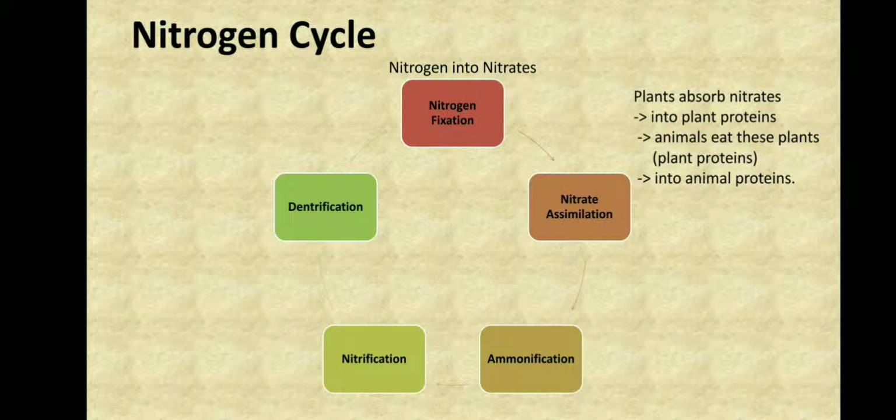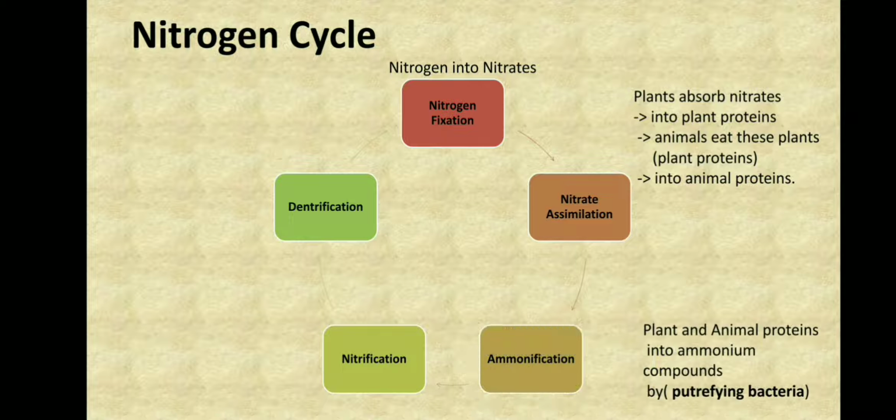So in nitrogen fixation, the nitrogen is converted into nitrates, and in the second step, the plants absorb these nitrates and convert them into plant protein. And when herbivorous animals eat these plants, they convert the plant protein into animal protein. So in nitrogen assimilation, it has been converted into plant proteins and animal proteins.